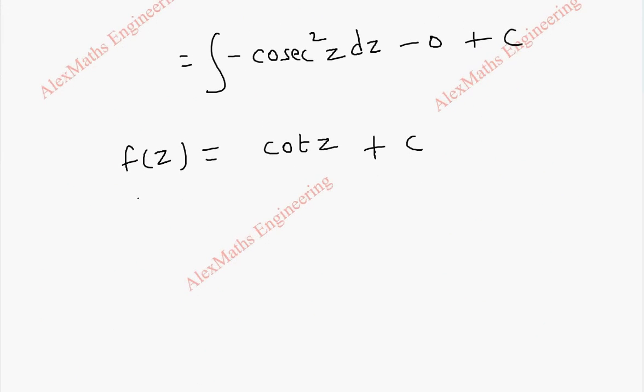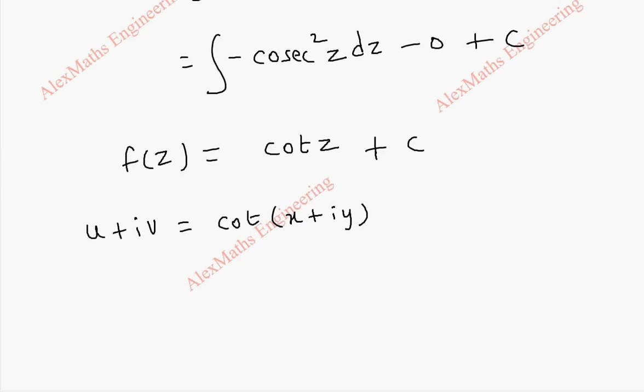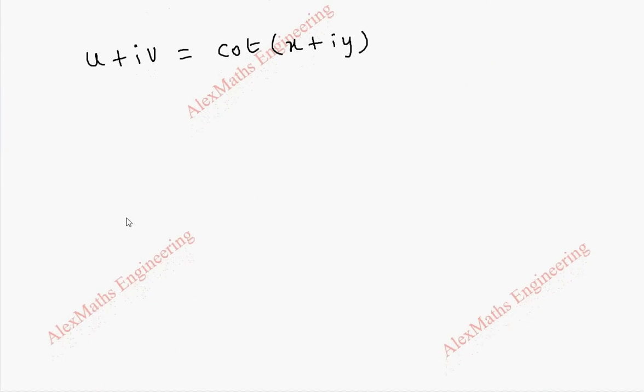So now we are going to take this as u + iv equal to cot of (x + iy), and here we are going to expand this, but before that it is better to change into cos and sine form.